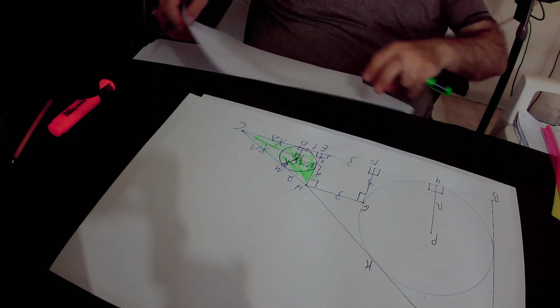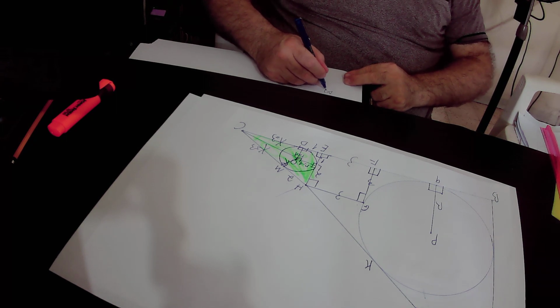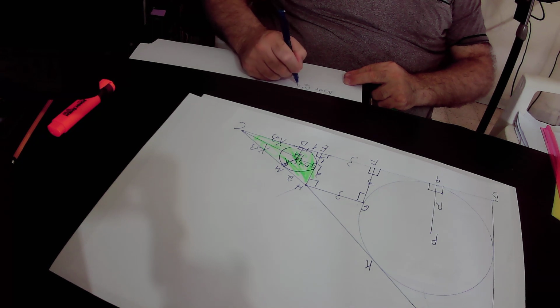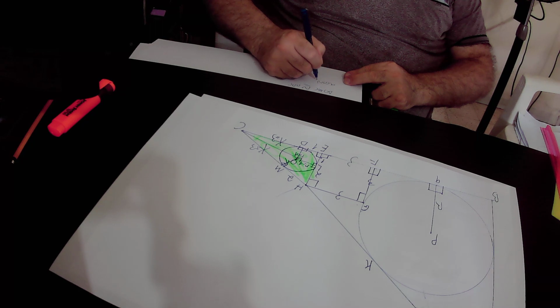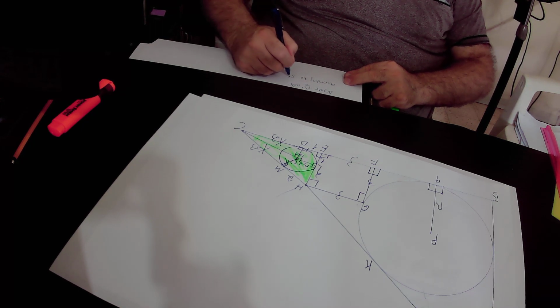So I write it down. Triangle OMC congruent to triangle ODC according to side rule.